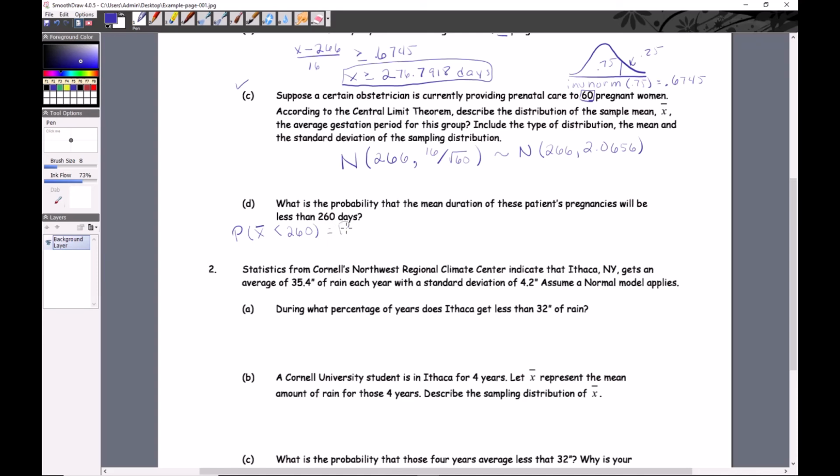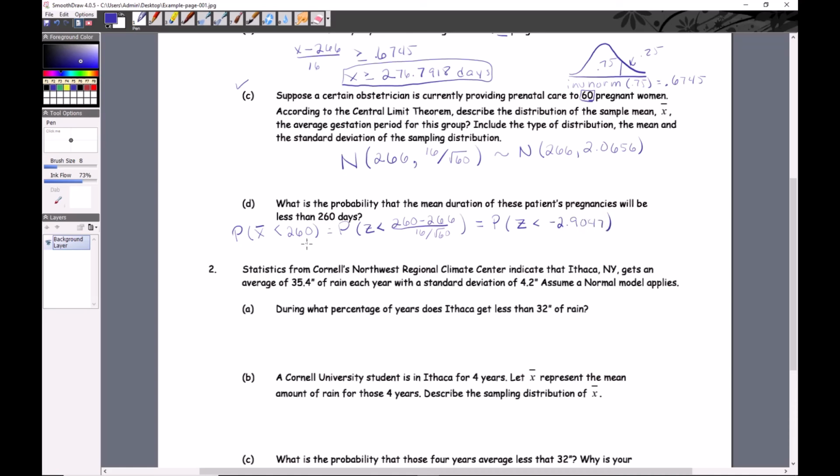So that's the probability that Z is less than 260 minus 266 divided by, I'll just do it the long way, 16 over square root of 60. I'm going to go old school with this, so I'm going to just get it to a Z-score. So it's the probability that Z is less than negative 2.9047.